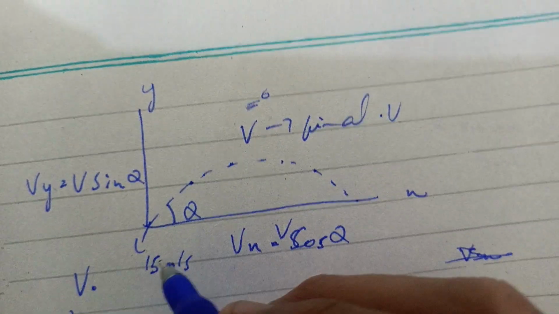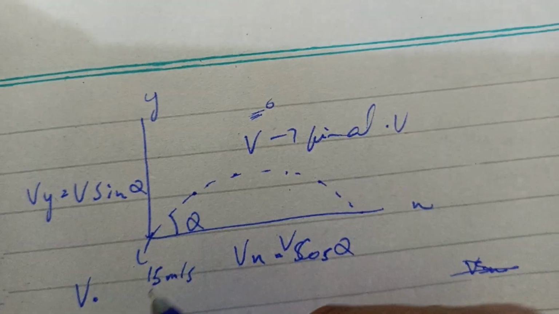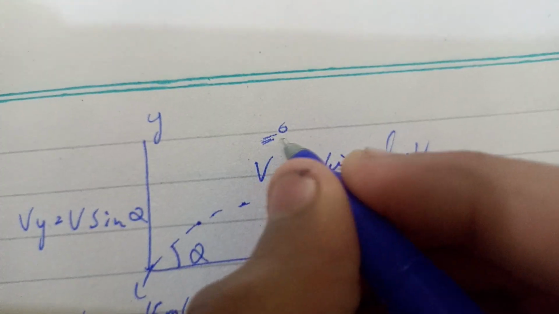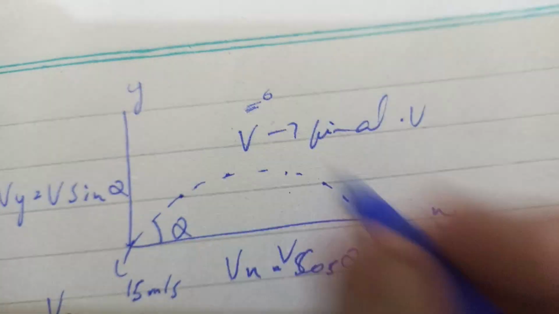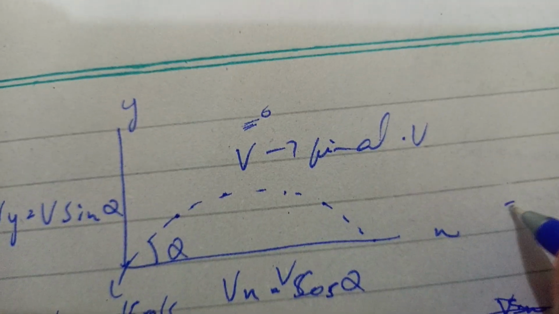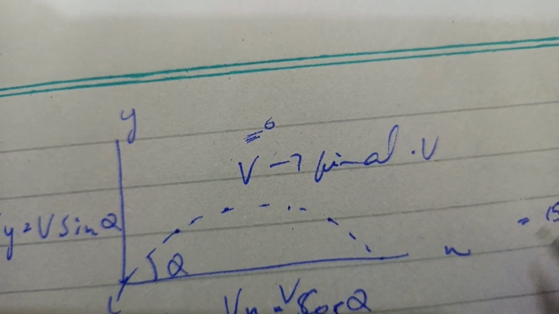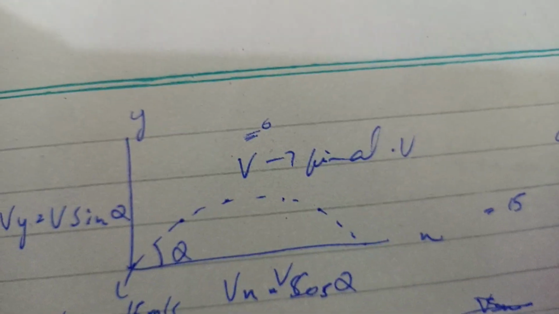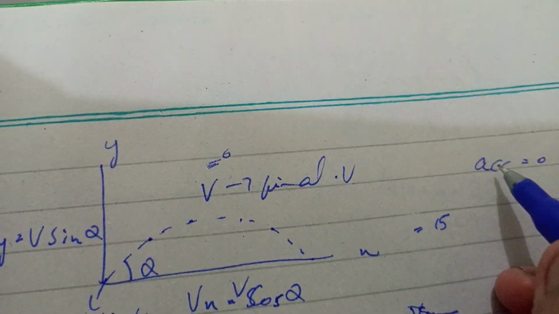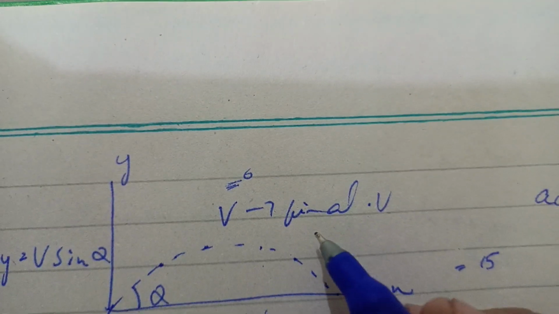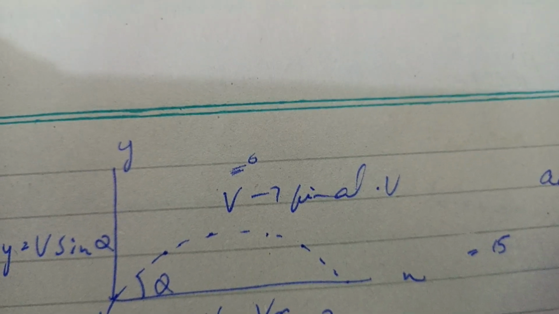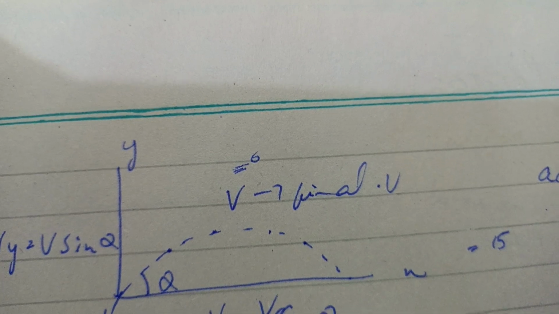So if I throw it with a certain velocity, the velocity will be zero at the top, and when it comes back, the velocity will be the same. And what will be the gravitational force? In the previous video we discussed the acceleration.